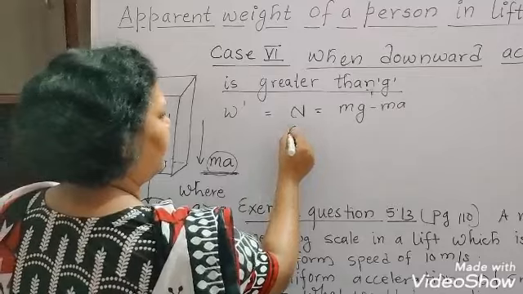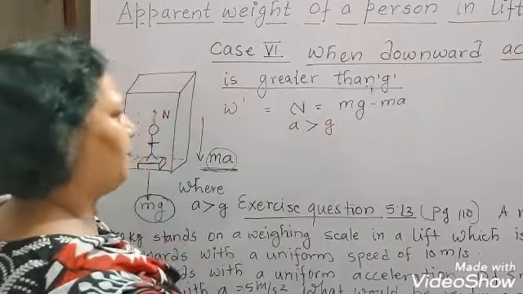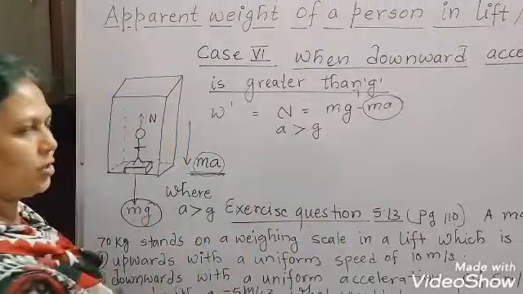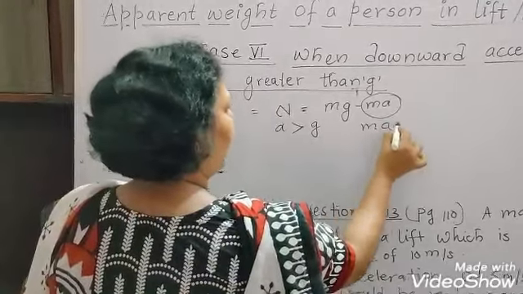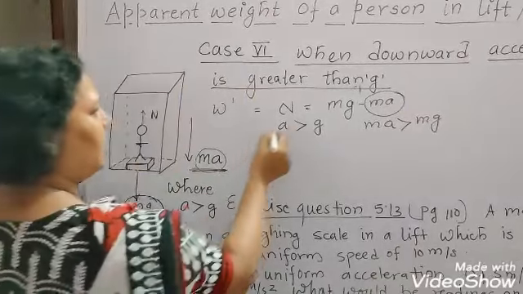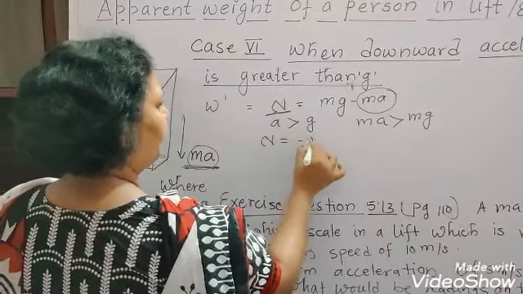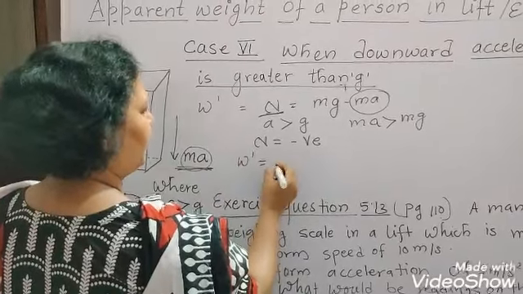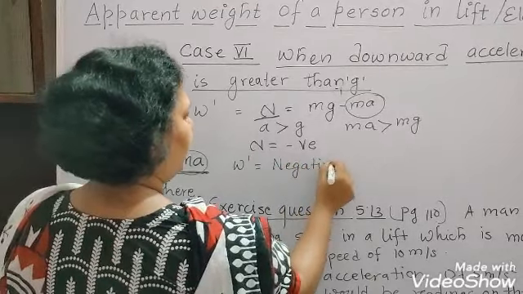But it is given here acceleration is greater than g. That means the value of the product of mass into acceleration, ma, will be more than mg, so this normal reaction will come out negative, or you can say the apparent weight is negative.